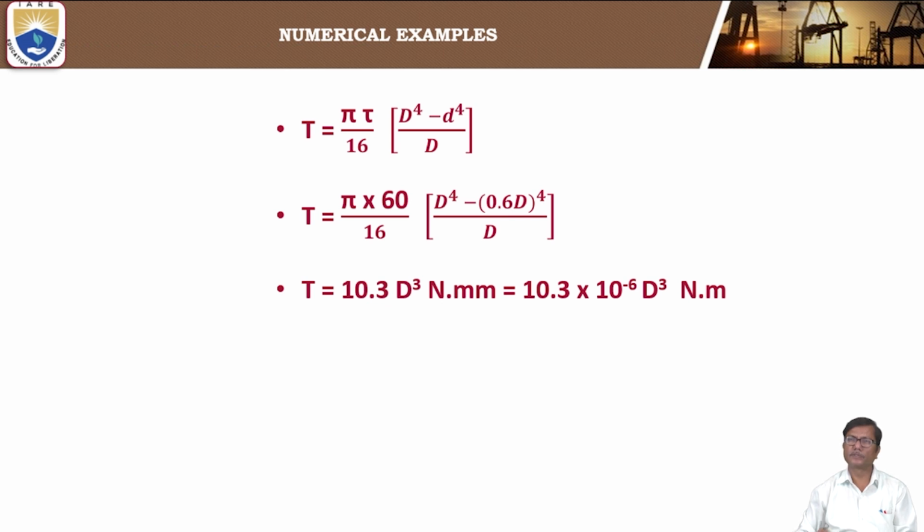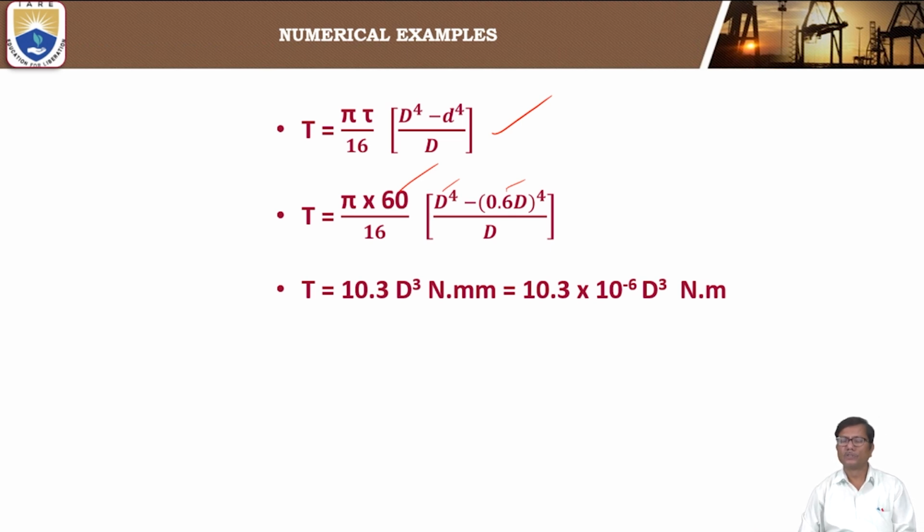The expression for torque for a hollow shaft is given by this equation: pi tau by 16 into capital D power 4 minus small d power 4 by capital D. In this, we substitute tau, which is 60 MPa, and small d is replaced by 0.6 capital D. That is given.